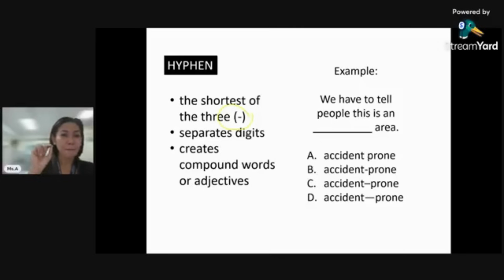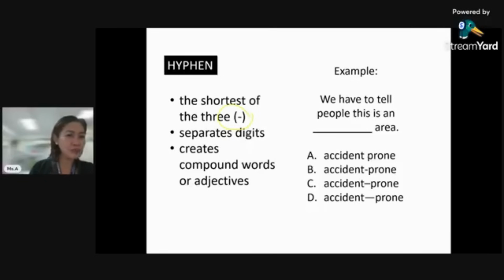Okay. So, meron pong tatlong klase ng hyphen. So, yung normal na hyphen, share ko lang po ha. Okay, so meron po tayong hyphen, meron tayong N hyphen or November hyphen, and then M hyphen or Mike hyphen.